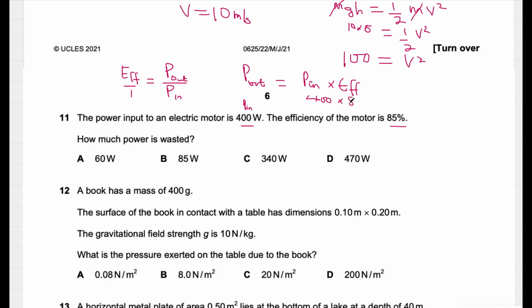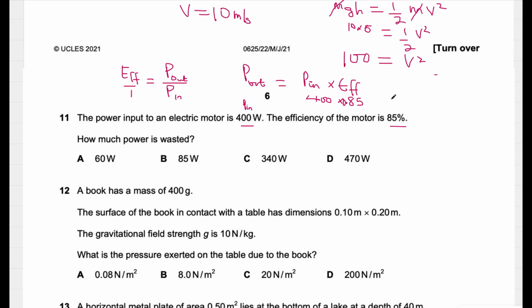But we'll see whether we need to convert this one to decimal. 85% means 85 over 100, right? So I think we should convert this one. Yes, you have to convert this one, because 85% means 85 over 100. So if you change to decimal, you get 0.85.